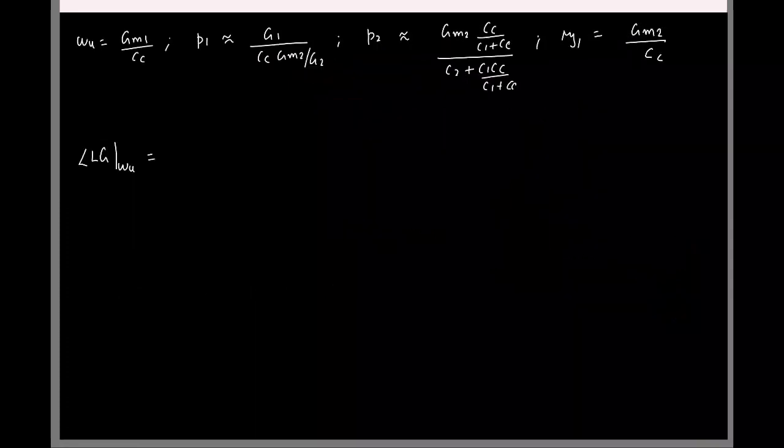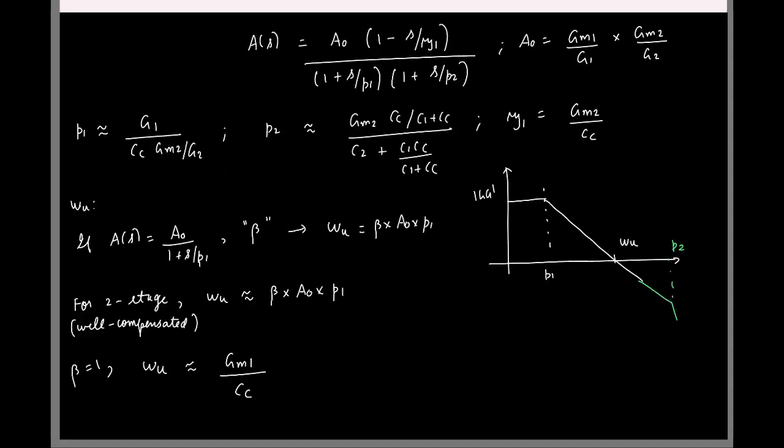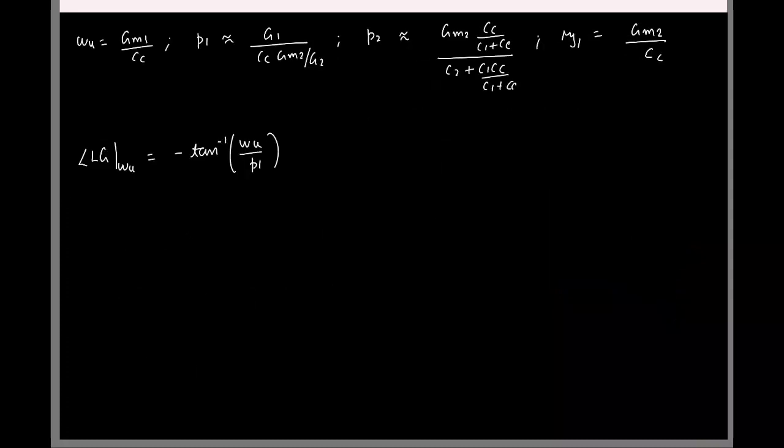Minus tan inverse omega by p1. So now it's omega u by p1, and you see that omega u is actually far apart from p1. So the ratio of omega u by p1 is very large, and for all practical purposes this is basically minus 90 degrees.